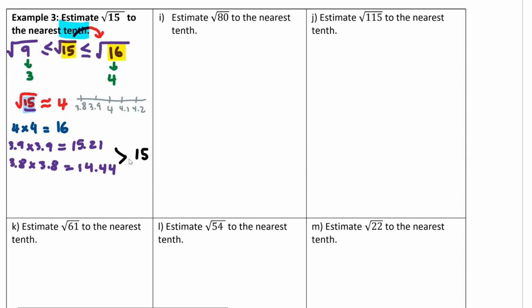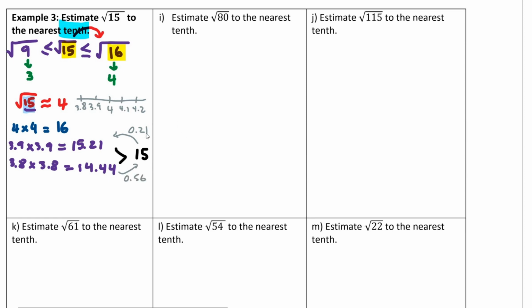Now, which one is closer to 15, 15.21 or 14.44? Basically, you're going to subtract them. 15.21 minus 15 is 0.21 away from 15. For 14.44 to 15, you subtract them: 15 minus 14.44 is 0.56.